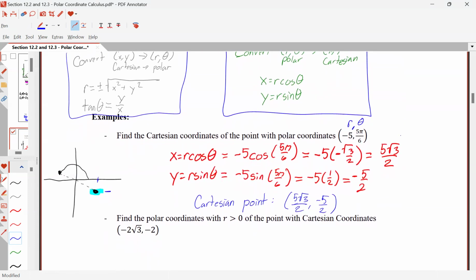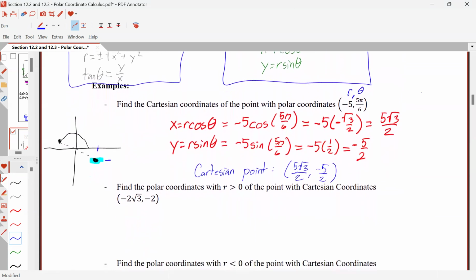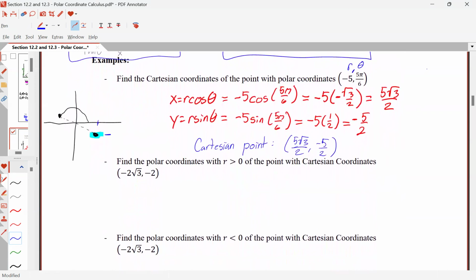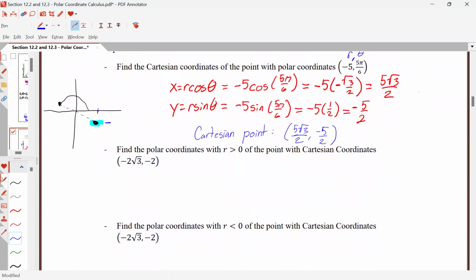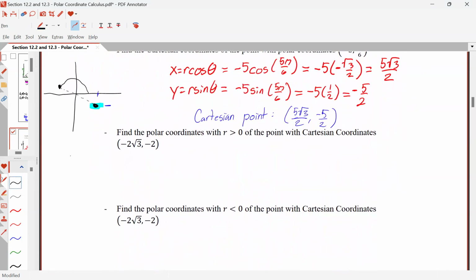Now, if we wanted to go backwards, suppose we wanted to find the polar coordinate with r greater than 0 with the Cartesian coordinates -2√3, comma, -2. I go negative in the x direction, negative in the y. The point is going to be somewhere in the third quadrant.